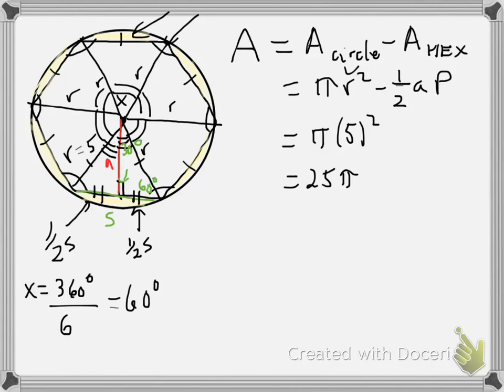This is our starting point. This one here is going to be root 3 times half S. And then R is going to be 2 times half S, which means R is S. If we know the radius is 5, then we know half S is 2.5.